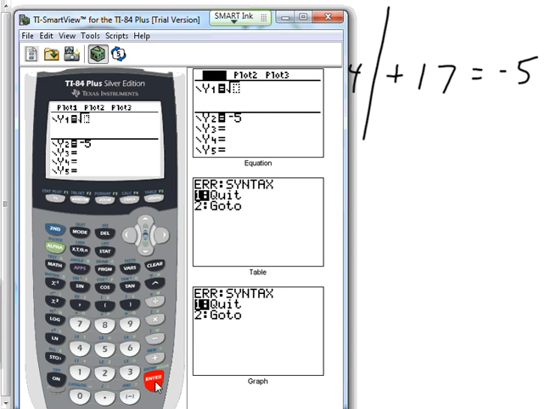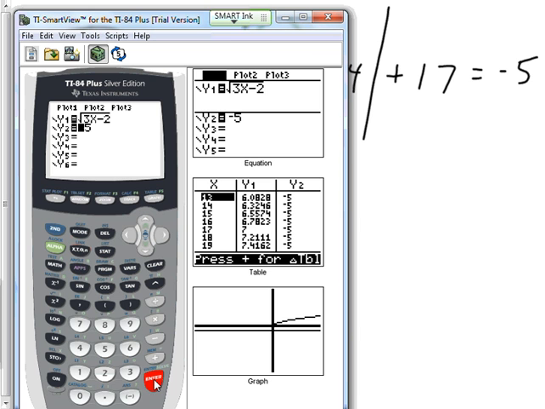Square root of. And then it's 3x minus 2 in the problem I'm looking at. 3x minus 2. Enter. And the other side of that one is just an x. So it's just an x, not a 5. There we go. And now I hit graph.